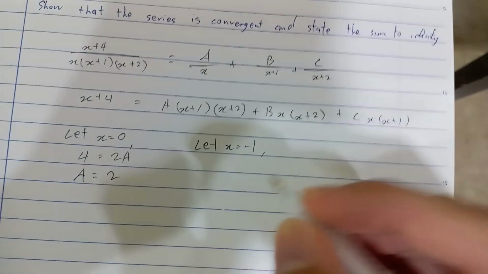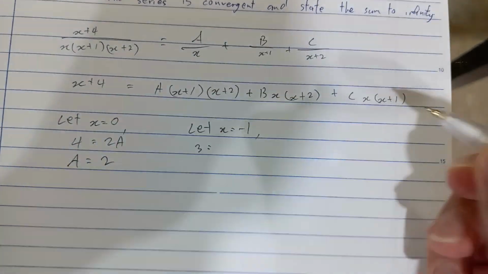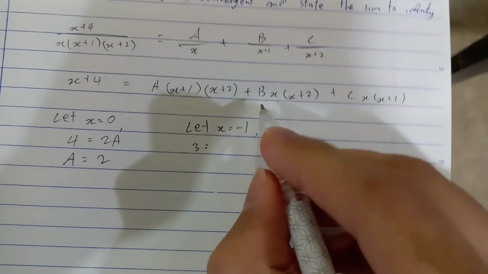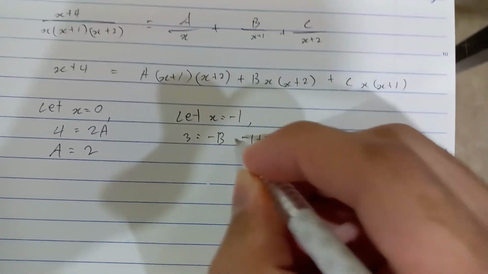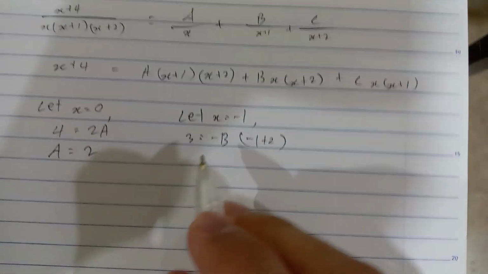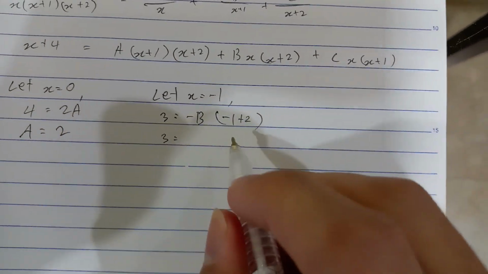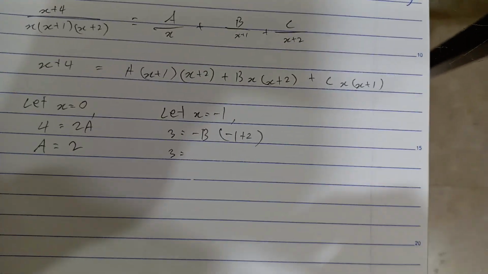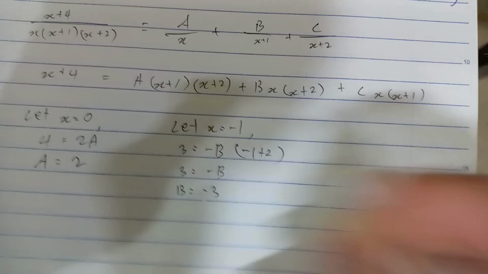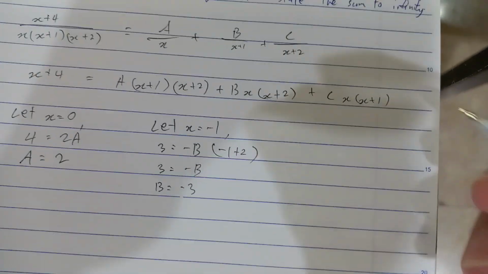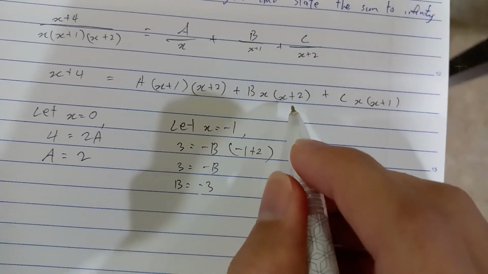So -1 plus 4 is 3 equals negative B times (-1 plus 2), and -1 plus 2 is 1. So you get 3 equals negative B, and B is -3.